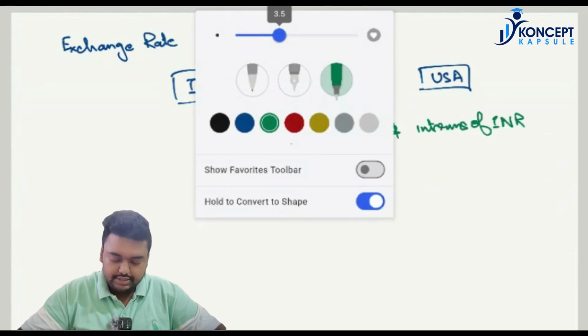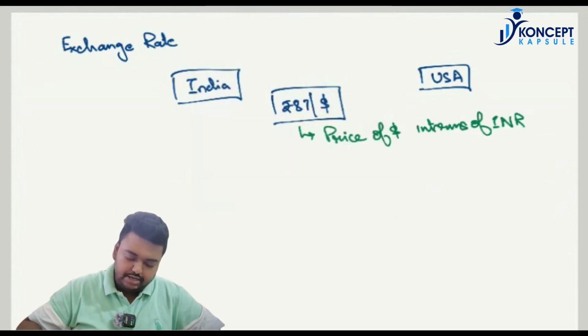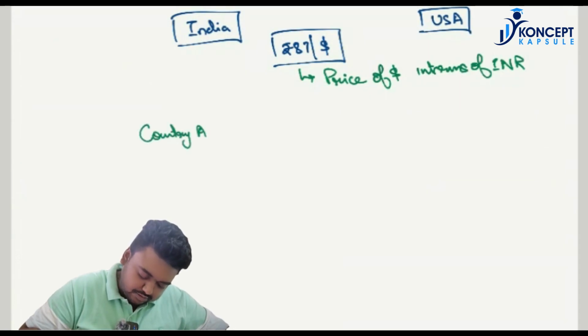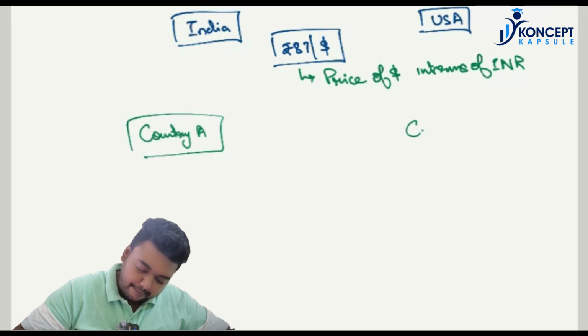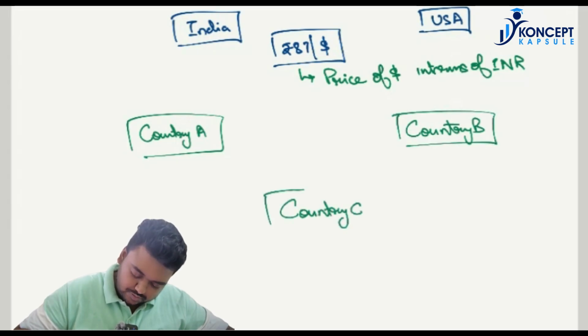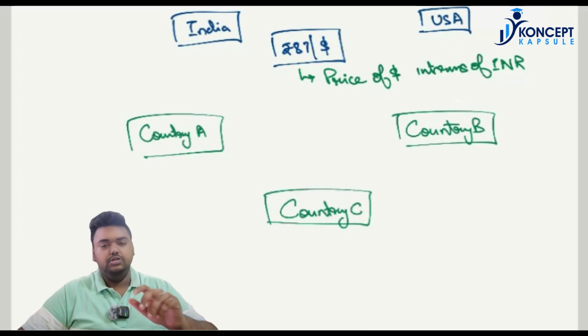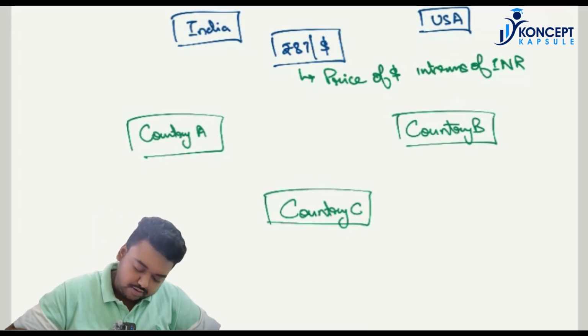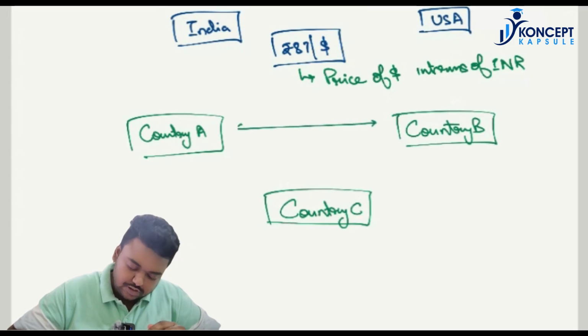Now we introduce an added twist to this situation. What is the twist that we will add? Let us add a twist that there are three countries: country A, country B, and country C. Suppose there exists an exchange rate between country A and country B, A per B, correct?